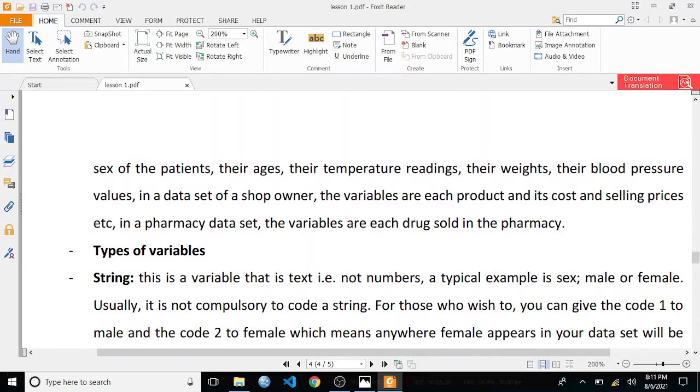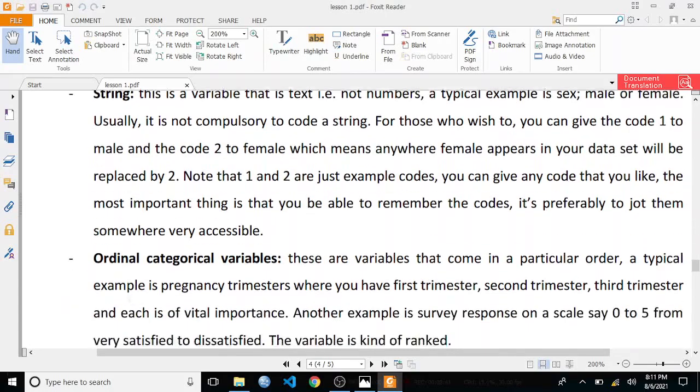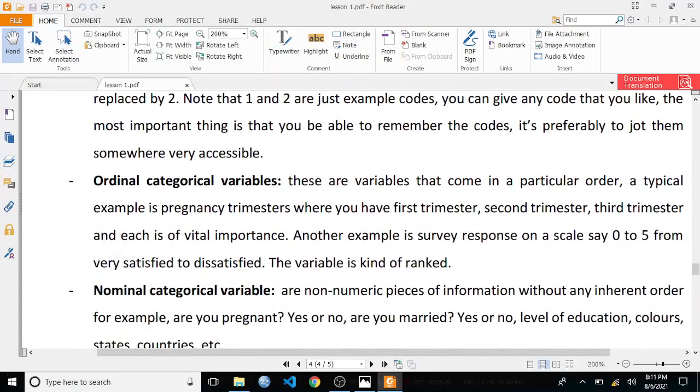Now, types of variables. We have string. This is a variable that is text. Any variable that is text, like male or female, not numbers. It's a string. Ordinal categorical variables. These are variables that come in a particular order. A typical example is a score in a test where you can have a score from 0 to 20.